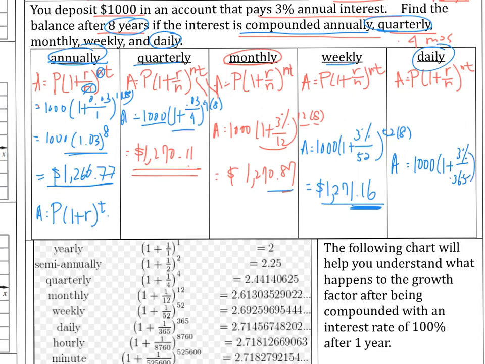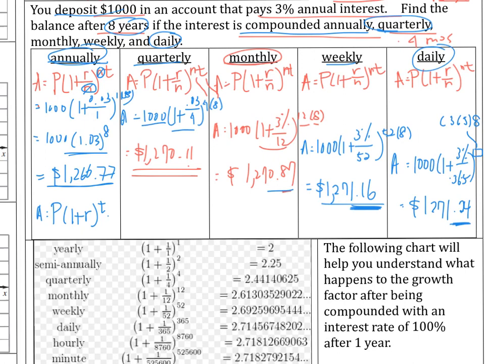And we're going to take this to the power of 365 times 8 years. So this is the power right here. And after using the calculator, you should get a new balance of $1,271.24. So again, there's a slight increase between weekly and daily when the deposit is being compounded.